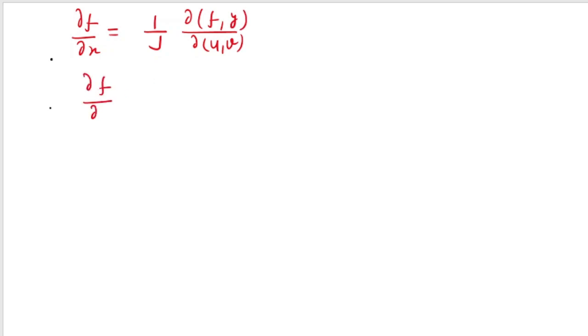I have expressed that del f by del x is equal to 1 by J del uv, and here I am writing del of fy. And what is del f by del y? Del f by del y, I am writing 1 by J del of, in place of y I am putting f, so del of xf by del of uv.